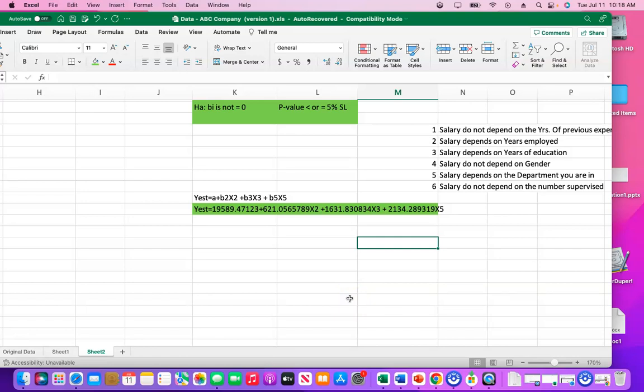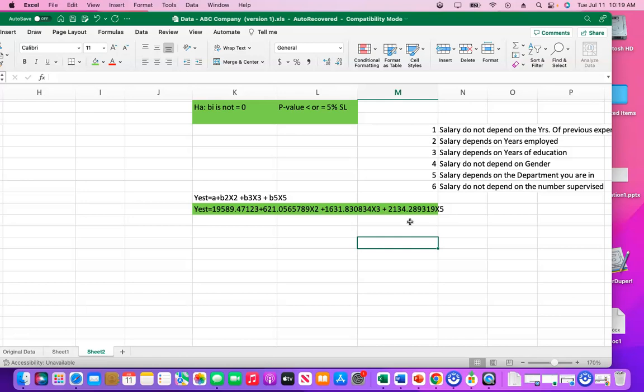So moving from one department to another, how will it affect your salary? It will affect your salary when we put 1 here in X5 and hold the other factors constant. And so we can say that your salary will increase by $2,134.289319. So that's how we can interpret this.